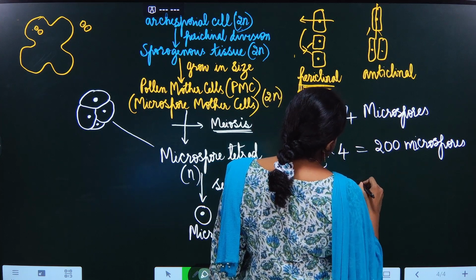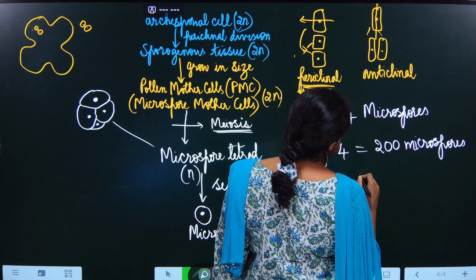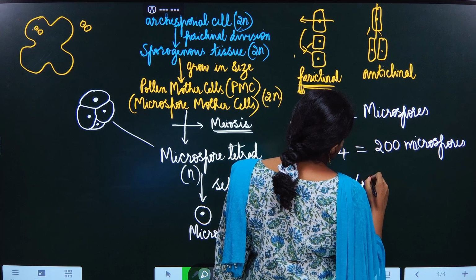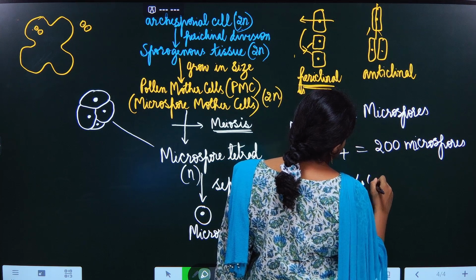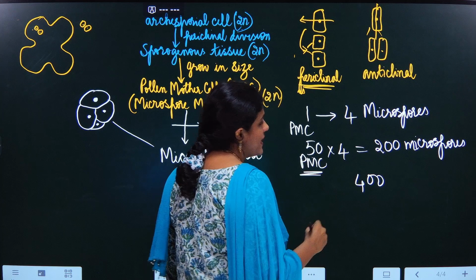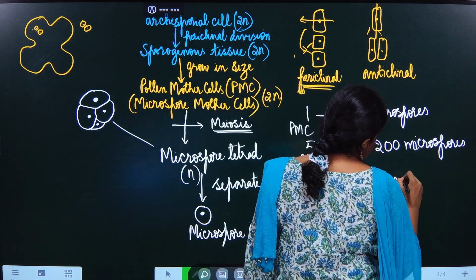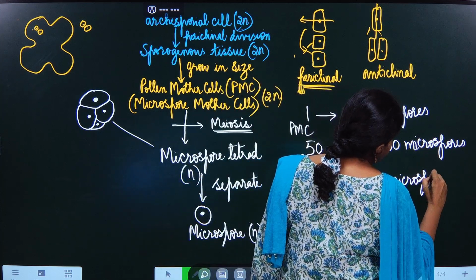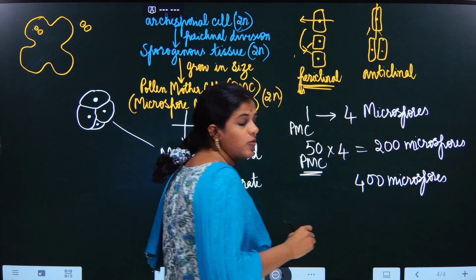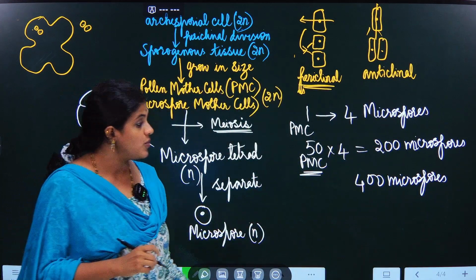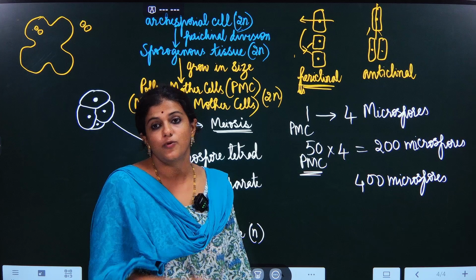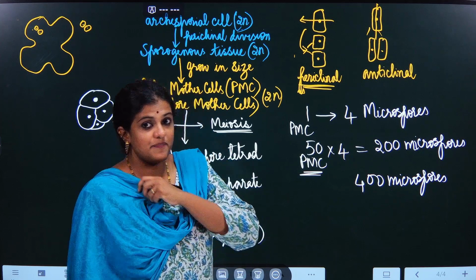Okay, and there are questions like: say there are 400 microspores in a pollen sac. How many pollen mother cells have produced them?